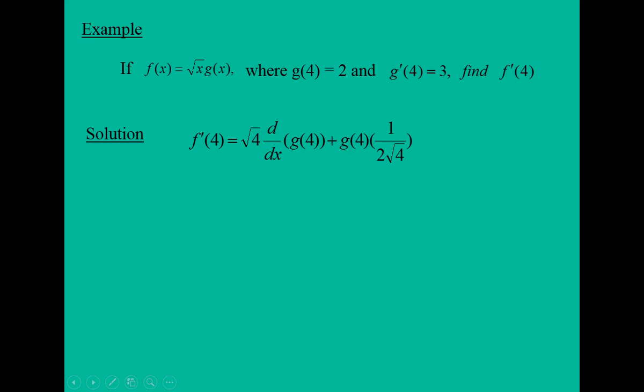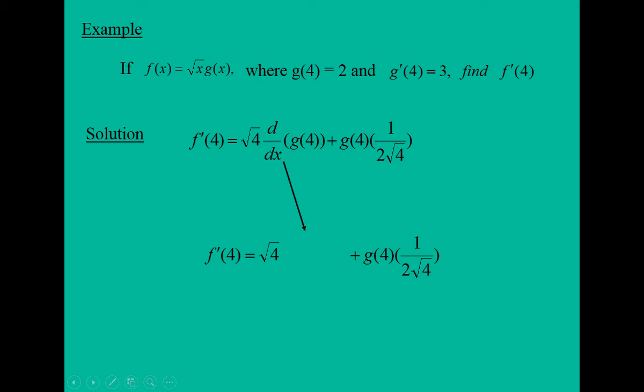So we're finding f prime of 4 now. So for all the x's, we just plug in 4. So the square root of 4 times the derivative of g of 4, which we know is g prime of 4. And we can see that was given as 3. And then we have plus g of 4. Well, that was given. That's equal to 2. And then 1 all over 2 times the square root of 4. So we should be able to find the value of f prime of 4.